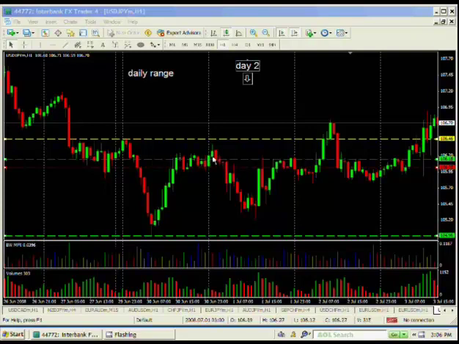And once we get that close on strength, we would anticipate price to go up and bounce off of resistance here from the prior day's high. This is the prior day's high.